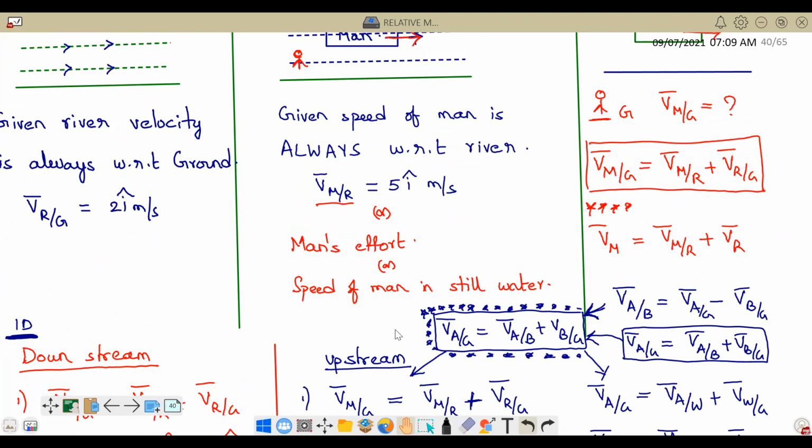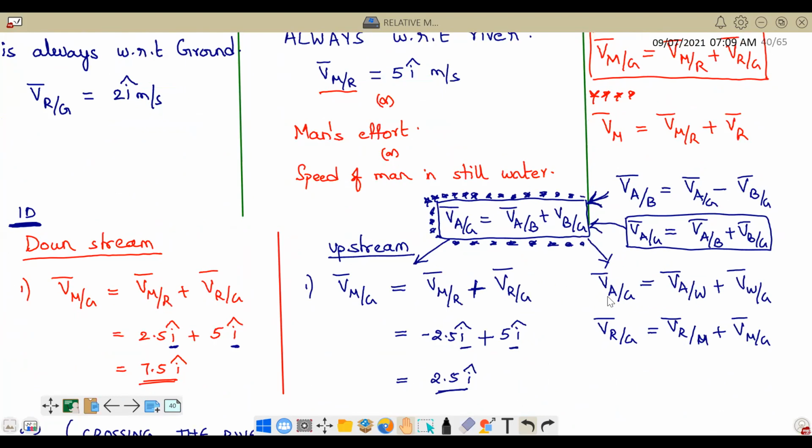From this general equation, all the equations can be written, whether it is a river man problem, an aeroplane wind problem or a rain umbrella problem. This is the basic fundamental equation.